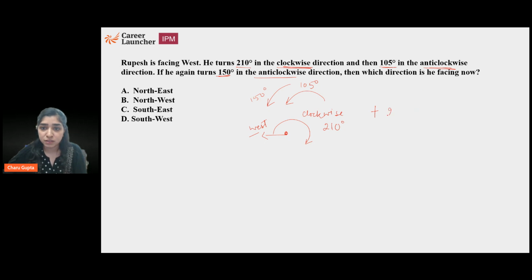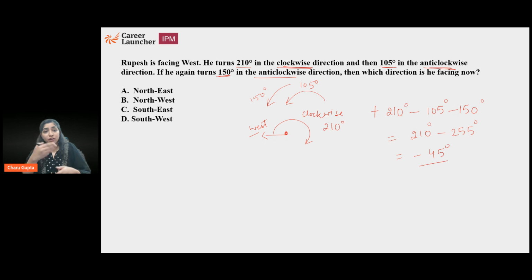So plus 210 minus 105 minus 150, which is equal to 210 minus 255, which is equal to minus 45 degrees.